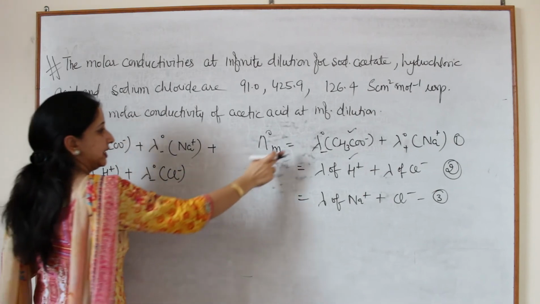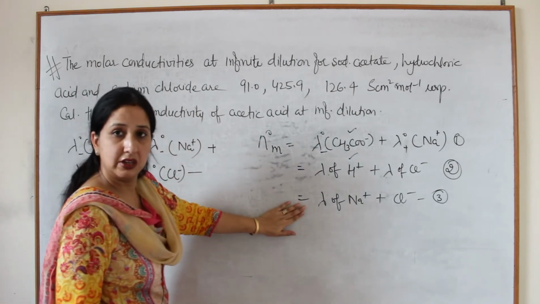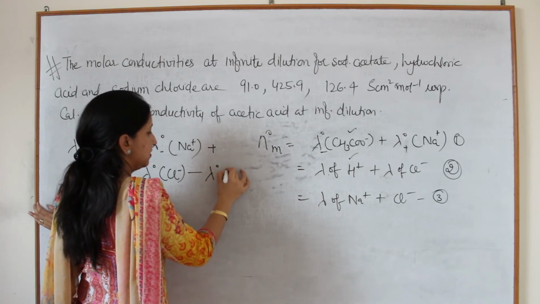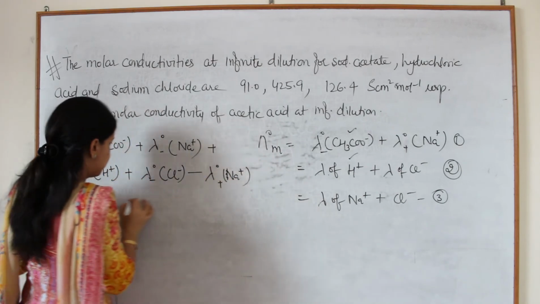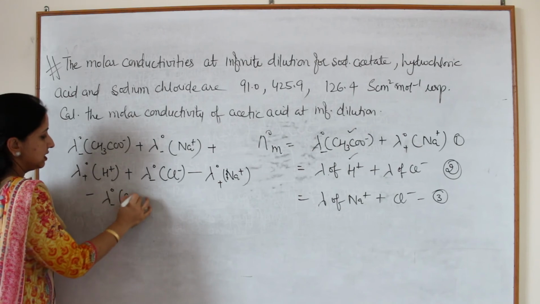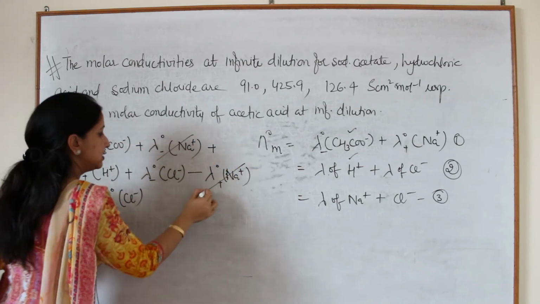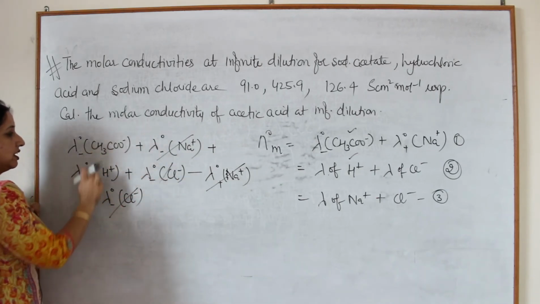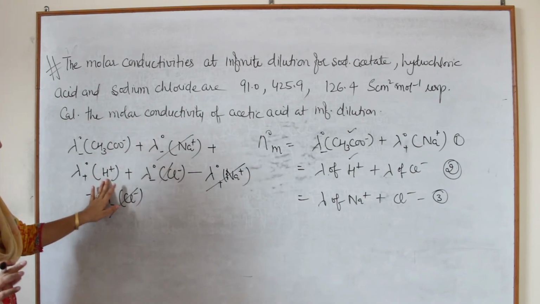Now minus equation 3, which means minus lambda of Na positive and minus lambda of Cl negative. This is positive, this is negative, cancelled; this is positive, this is negative, cancelled. So we are left with CH3COO and H positive.